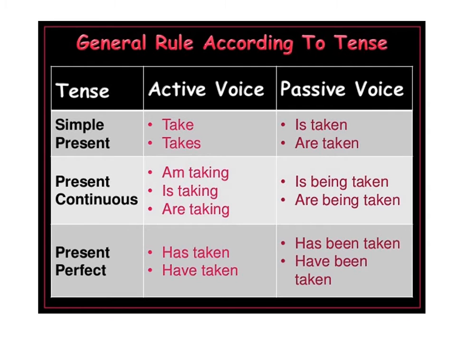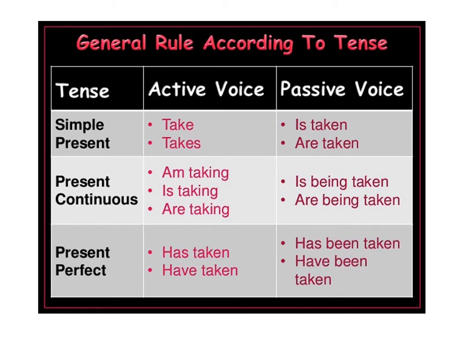When we have the simple present, like take or takes, and convert it into the passive, it becomes is taken, are taken. Present continuous or present progressive: am taking, is taking, are taking becomes is being taken, are being taken. Then present perfect: has taken, have taken becomes has been taken, have been taken.